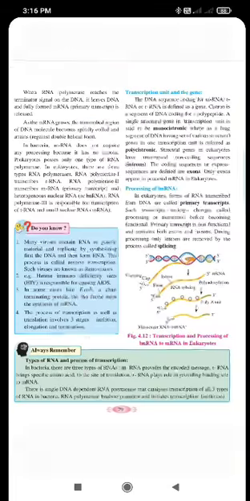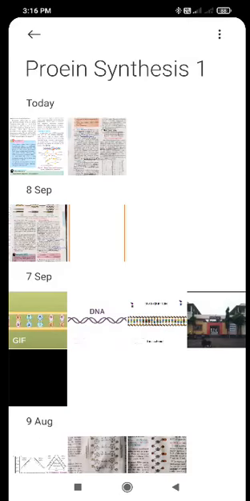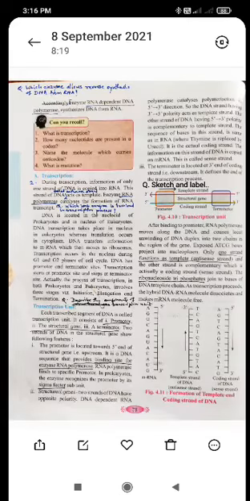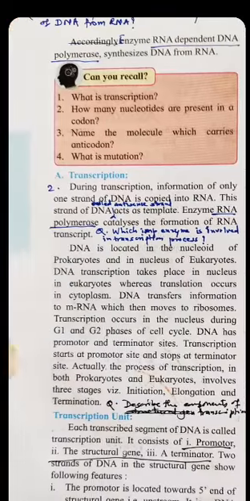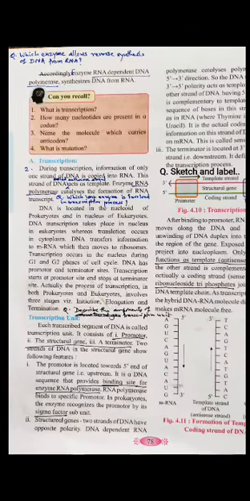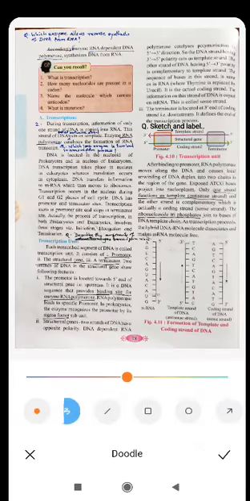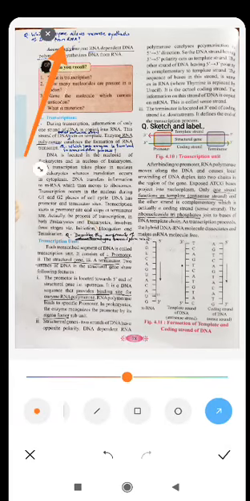If you refer to the next page, page number 78, here you can see I have written the question. Which enzyme allows reverse synthesis of DNA from RNA? This is called reverse transcription.